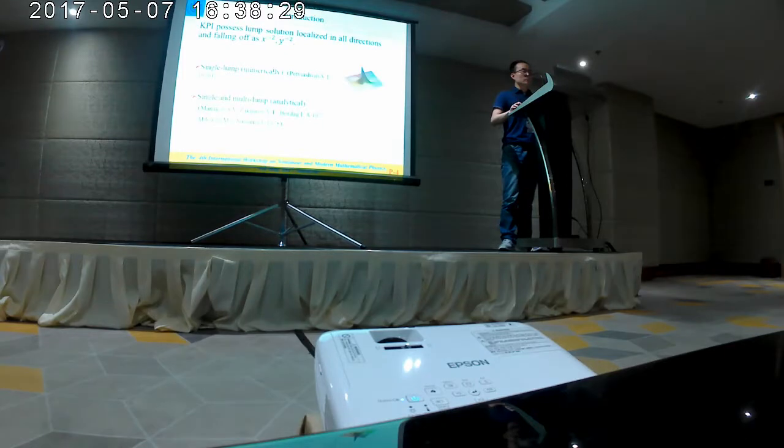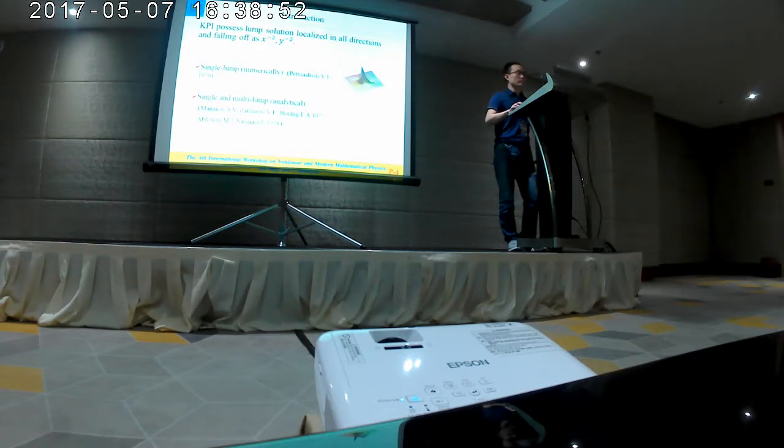For the KP1 equation, we know it has a localized solution we call the lump. It is localized in all directions, in the x direction and y direction, and falls off as x squared plus y squared to the minus 2. Such a solution was first discovered numerically in 1976. The single and multi-lump solutions were obtained in 1977 and 1978.